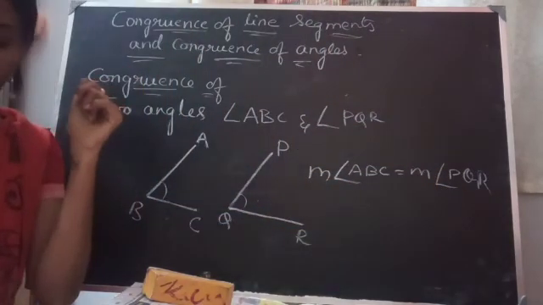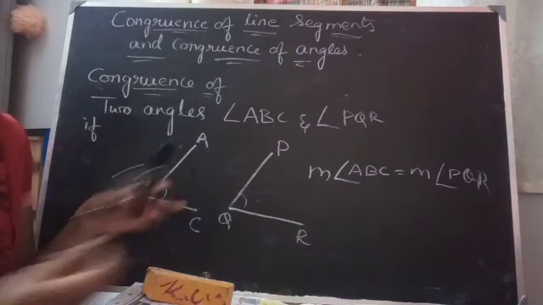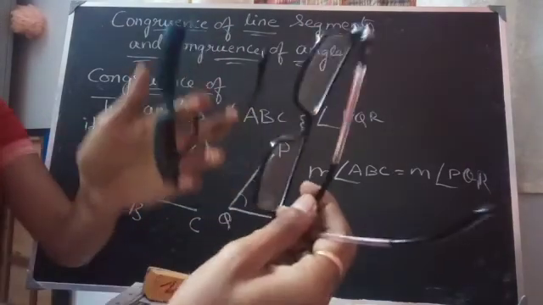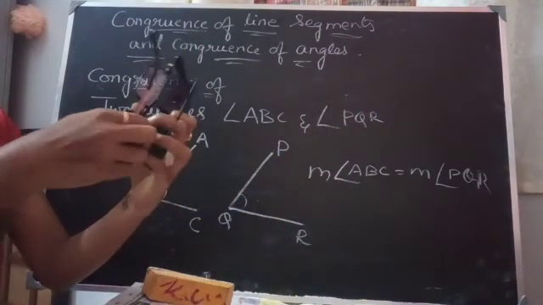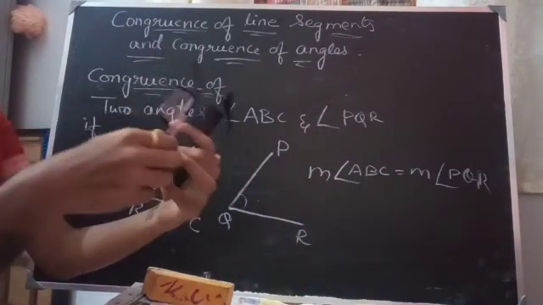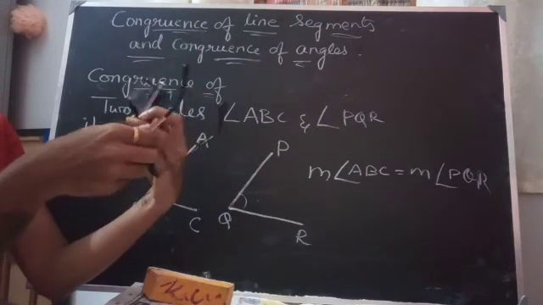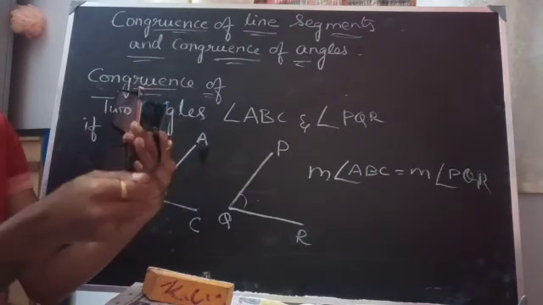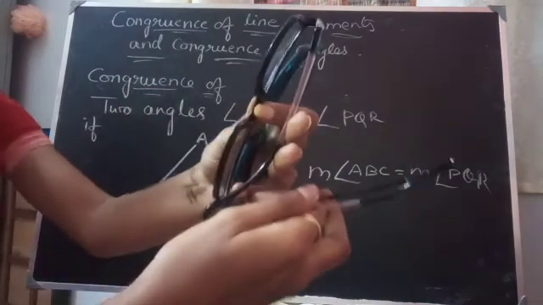Suppose you consider a real life example. If you consider a goggle and a specs, we can say that the angles of specs and goggle are equal.